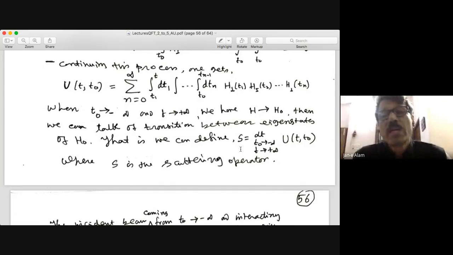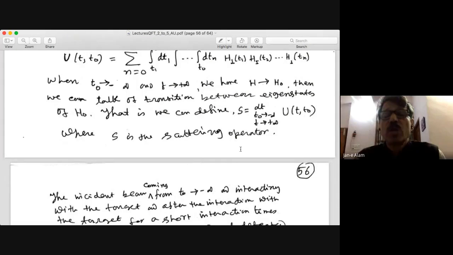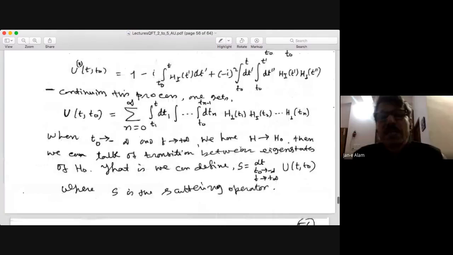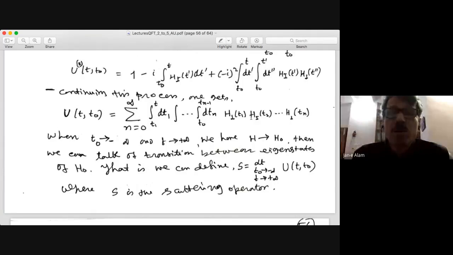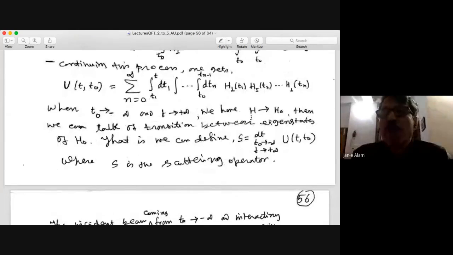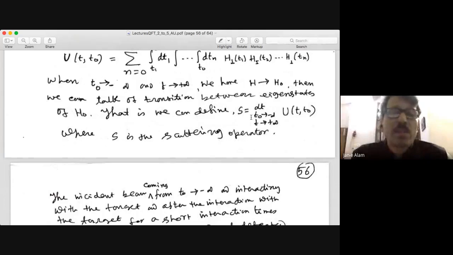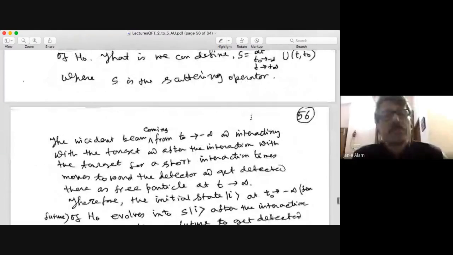So we have now got something we are familiar with, the scattering matrix. If I know the scattering matrix for this interaction, then I will be able to calculate the cross section. But please wait, we have to develop the theory very systematically so that there will be no confusion.